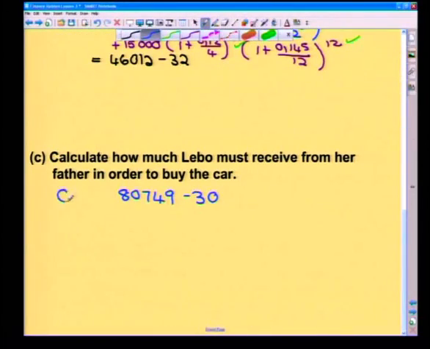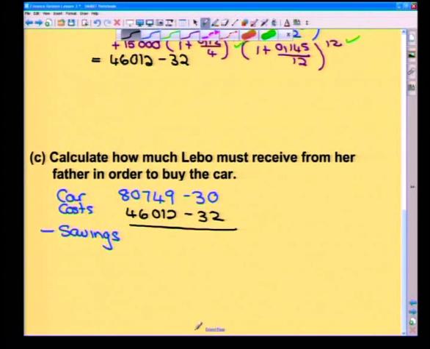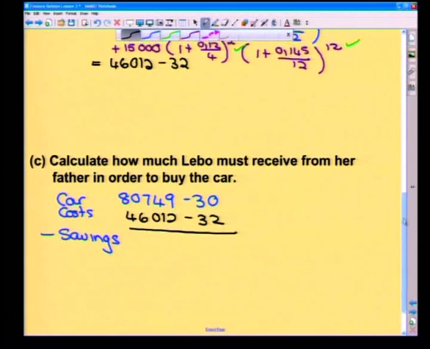That's how much the car costs. From that, I'm going to subtract her savings, and her savings are 46012.32. And I'm ready to actually find out how much her father is going to help her out.